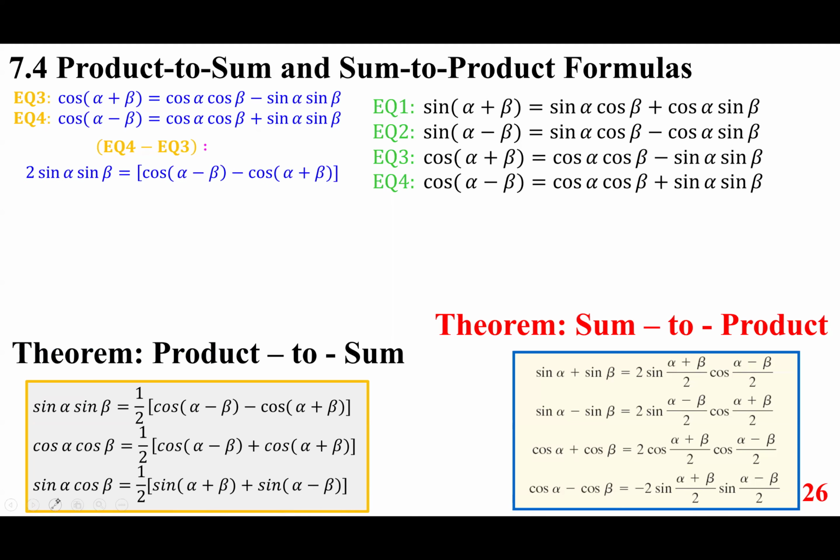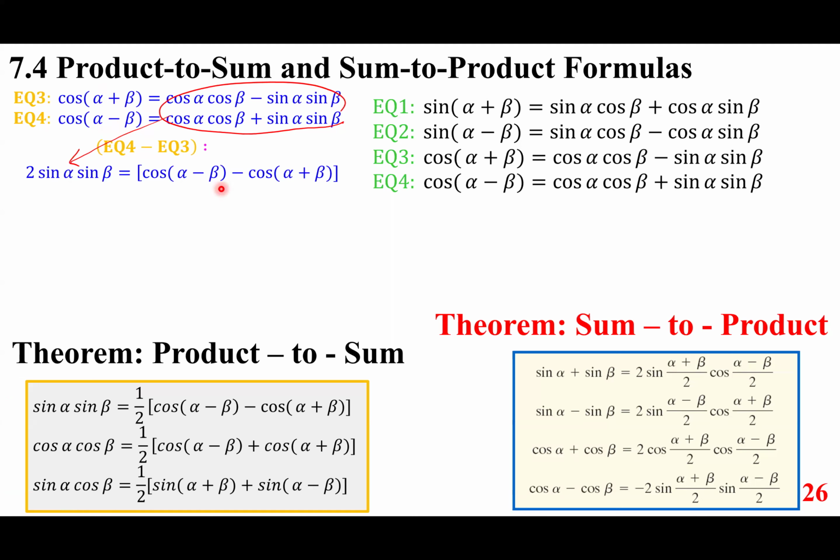So I write, please understand that I want to go with the right-hand side first. This becomes this. Equation 4 minus equation 3. The right-hand side becomes this, and the left-hand side is cosine of alpha minus beta minus cosine of alpha plus beta.